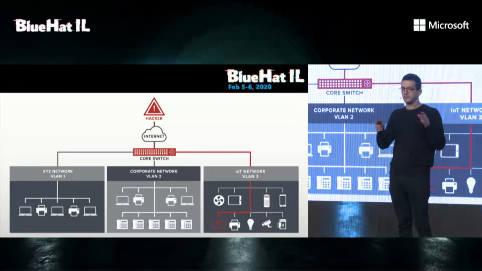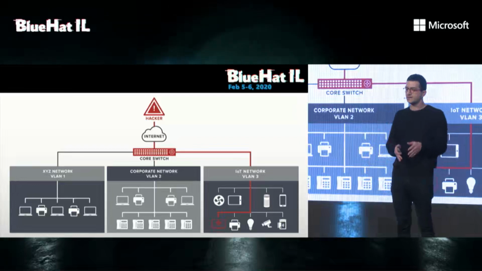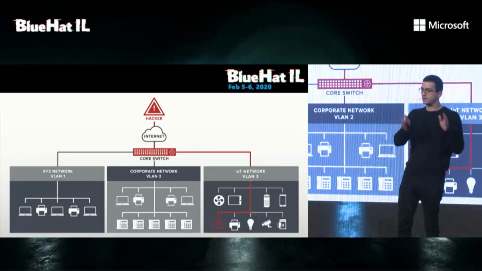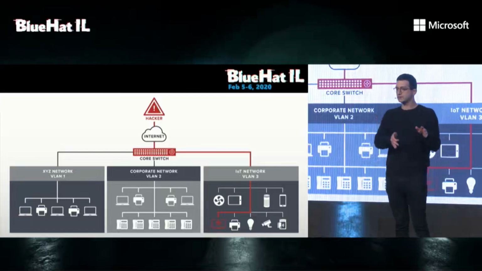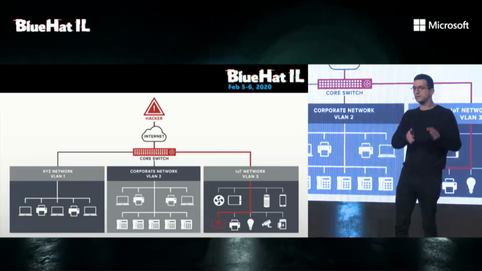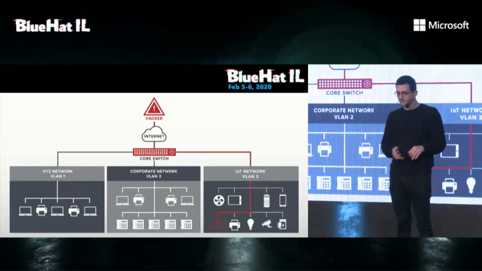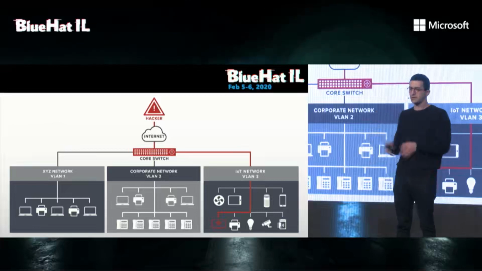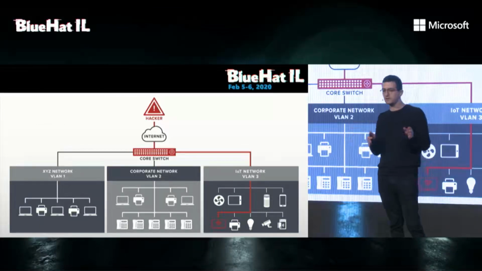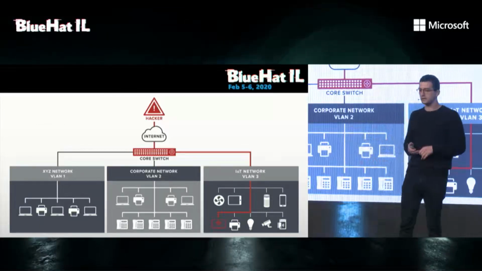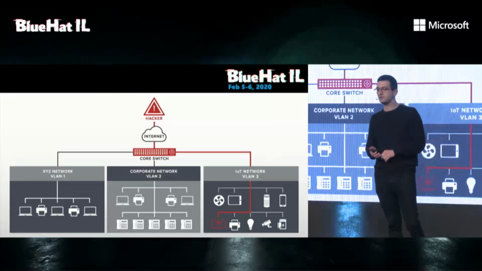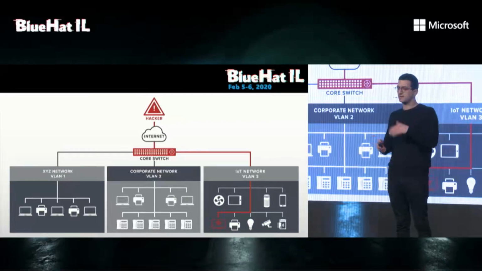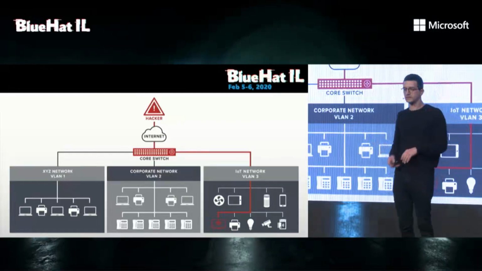You would separate your devices based on trust level and based on types of device. So you might have one segment for low-grade IoT devices that you don't trust at all. They connect to the internet, but you really don't want them to interact with anything on your network. And then you would have a corporate segment with all your corporate assets, your computers, and so forth. And so the network would be split according to these segments in order to prevent devices from low-grade trust levels talking to devices in higher trust levels.